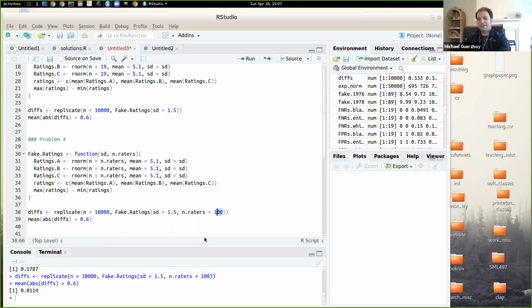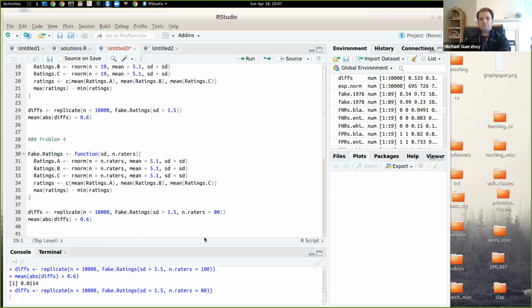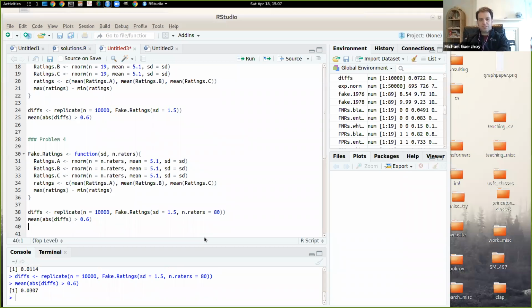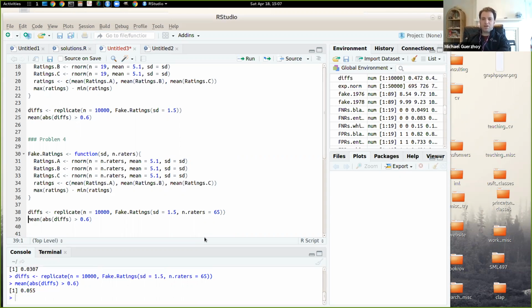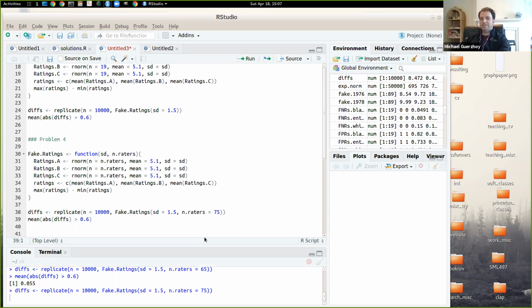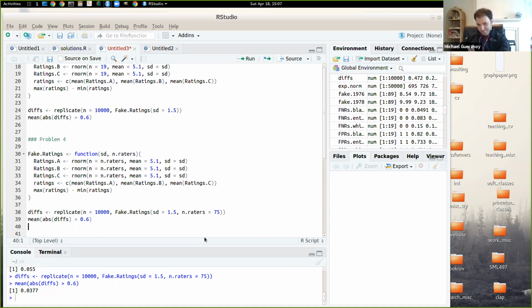So let's try 80. 3% of the time. So let's say 65. 65 gets us just over 5%. So maybe we bump it up to 75 and say, okay, that's good.